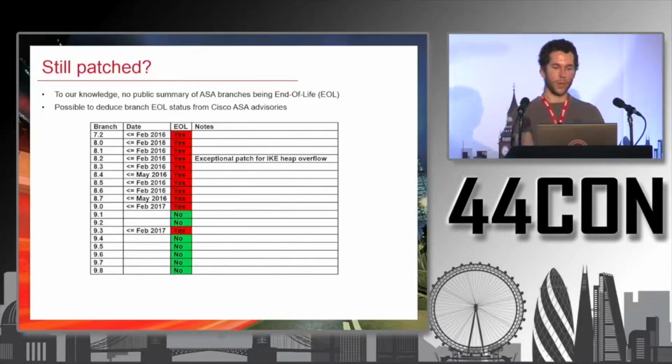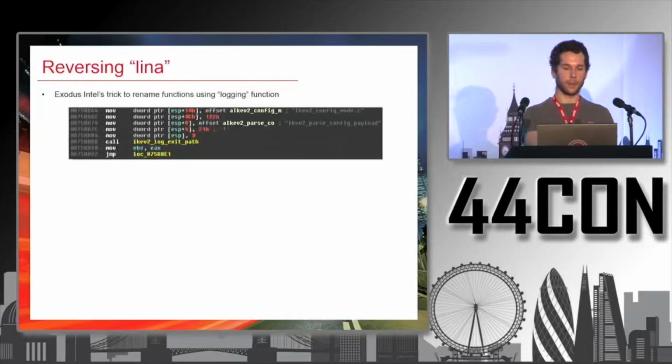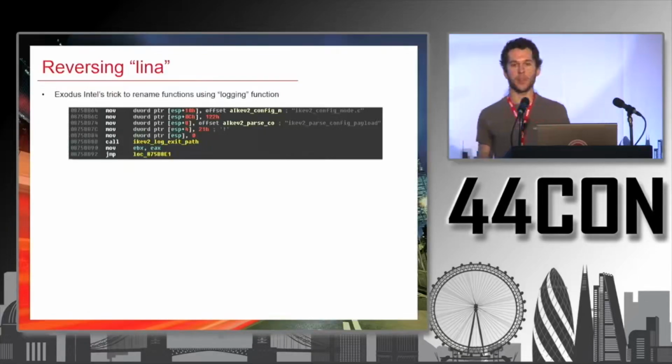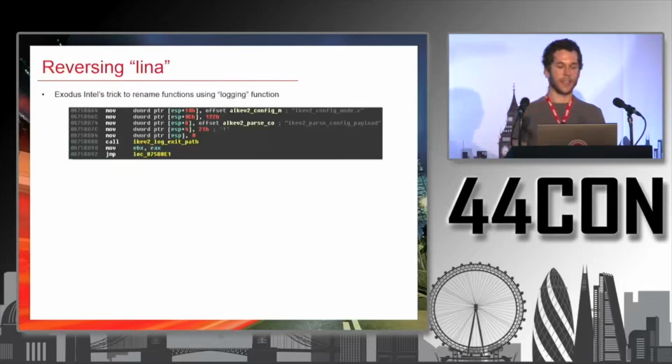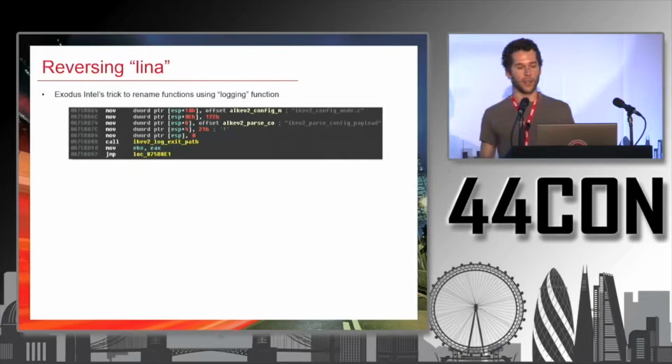Okay, so we want to reverse Lina now. Exodus Intel published a trick to rename functions. That's something very frequent when you reverse engineer embedded devices: you have lots of debugging strings. In this case, you have the IKEv2 log exit path logging function that is called by many functions.